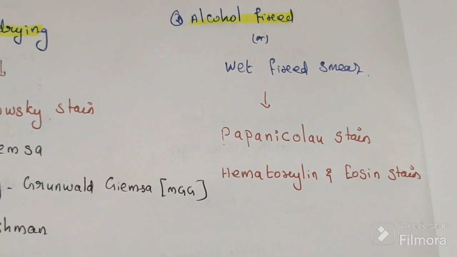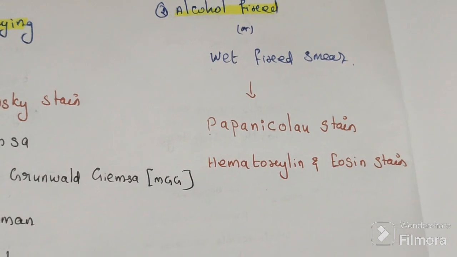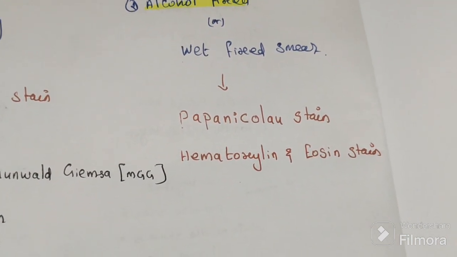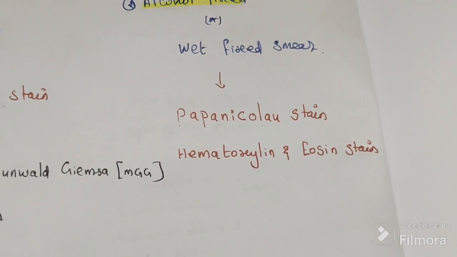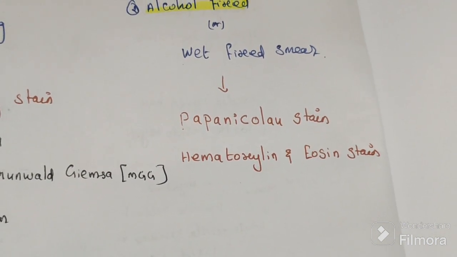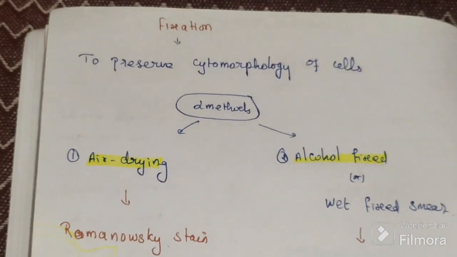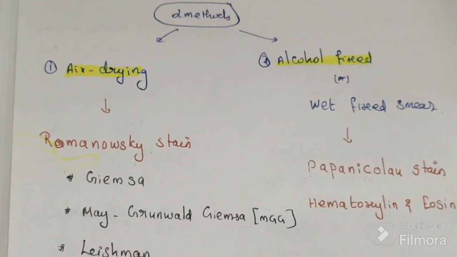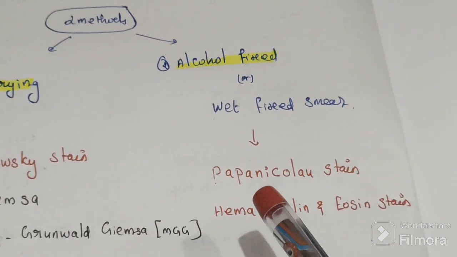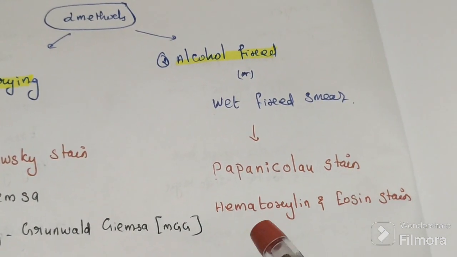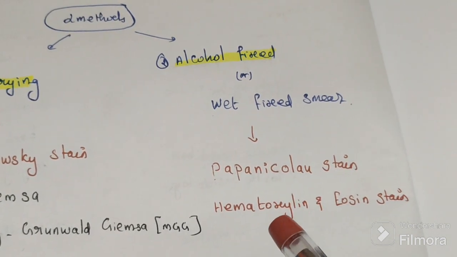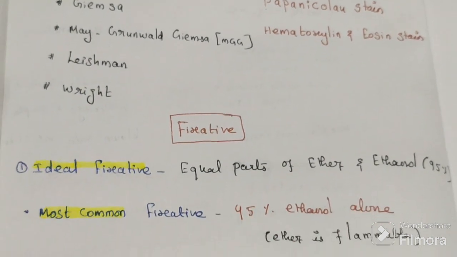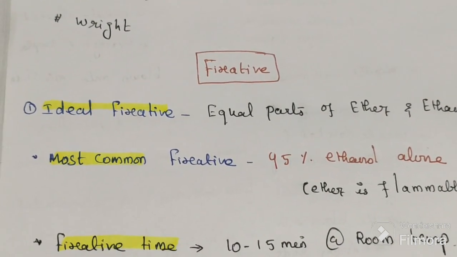In the wet fixed smear, we are using Papanicolaou staining and hematoxylin and eosin staining. So two types of fixation, air drying and alcohol fixing. For this one we use Romanowsky, for this one Papanicolaou and hematoxylin and eosin staining.